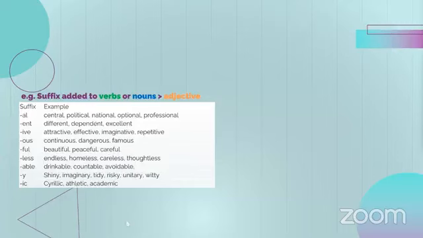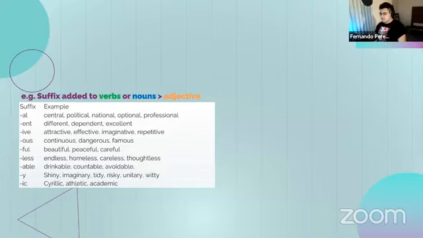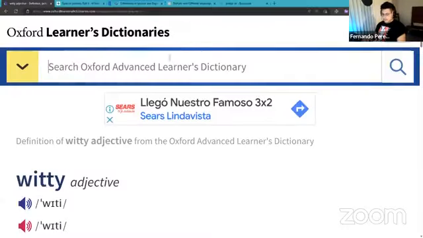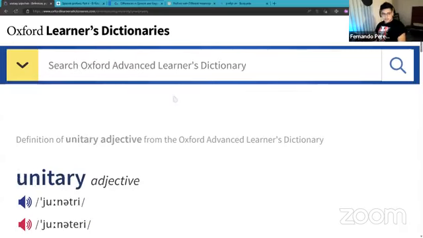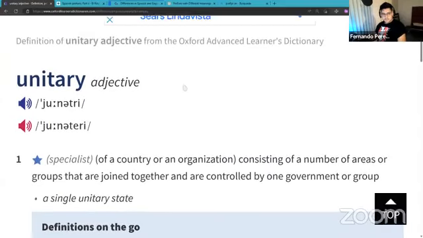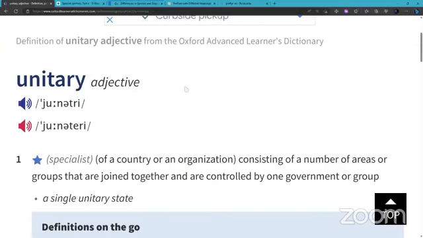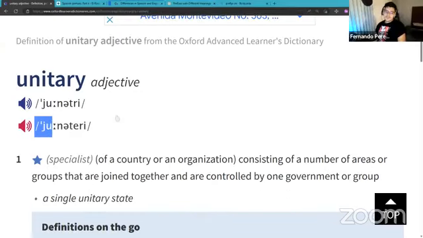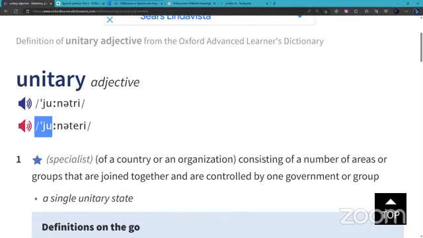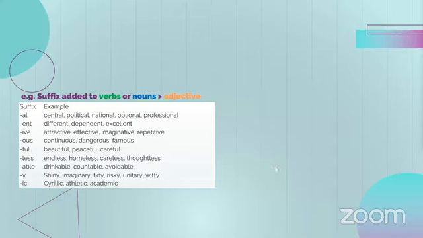Okay. Witty. The other one, very important, Jimena. Unitary. Exactly. The first syllable is a strong syllable. Unitary. Good. Nice. Thank you.